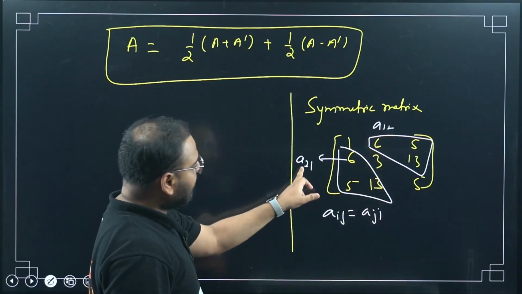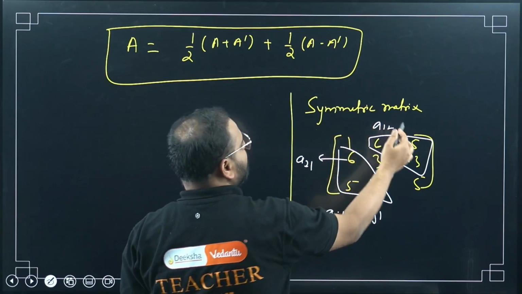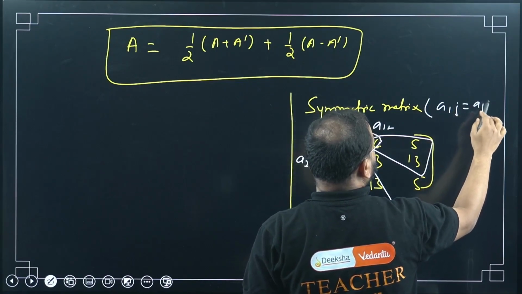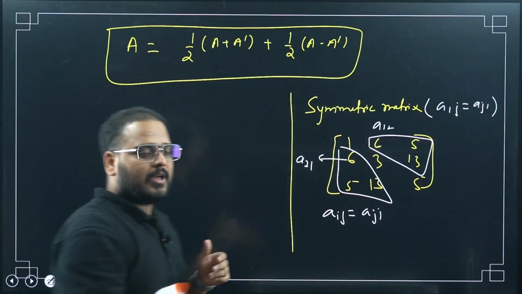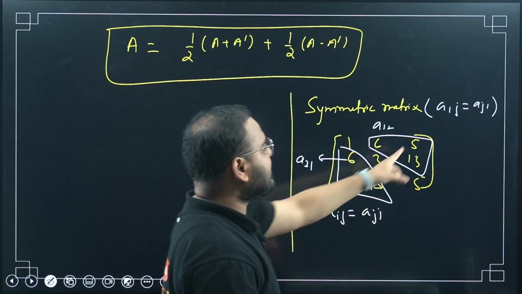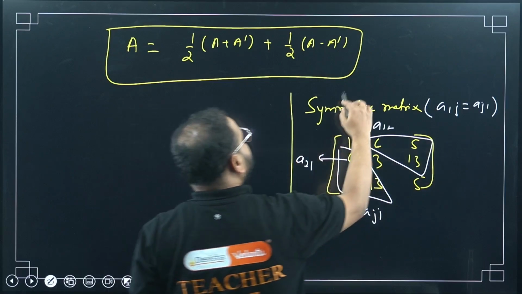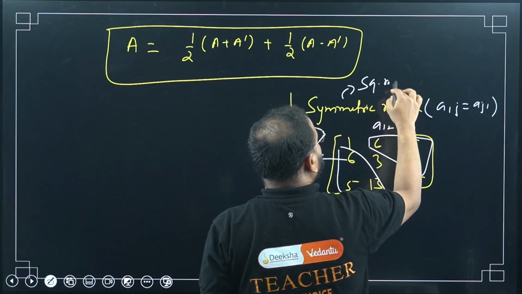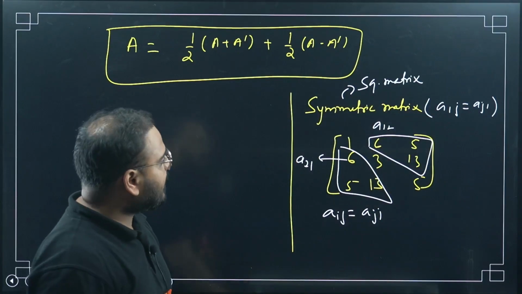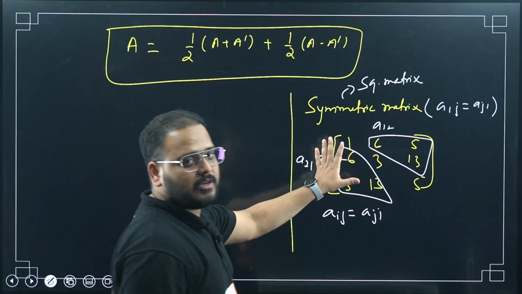So whenever Aij equals Aji, then we can call this a symmetric matrix. Aij and Aji are the elements of the matrix, and it always has to be a square matrix. This property is valid only for square matrices. This is the condition for a symmetric matrix.